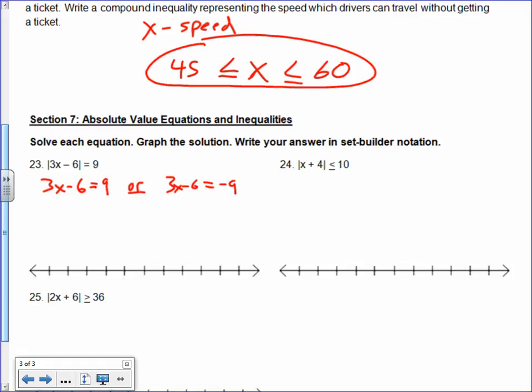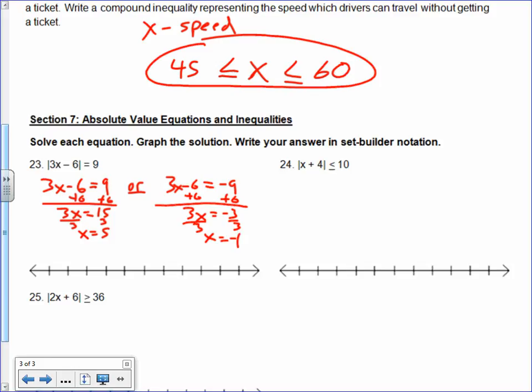So you solve each of those by adding 6 on both sides. 3x equals 15, divided by 3, x equals 5. Same thing here. 3x equals negative 3. X equals negative 1.